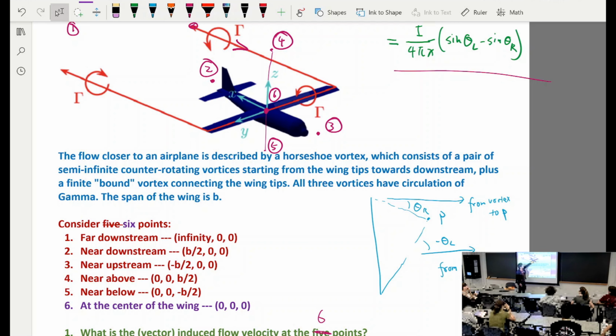So to avoid this fallacy, we usually say that, okay, if you're picking a point right on a vortex, just ignore the induced velocity from that vortex, right? Because if you consider a vortex of finite core or finite diameter, at the center of that vortex, that vortex actually has no effect. All right. So this is why I'm introducing this point.